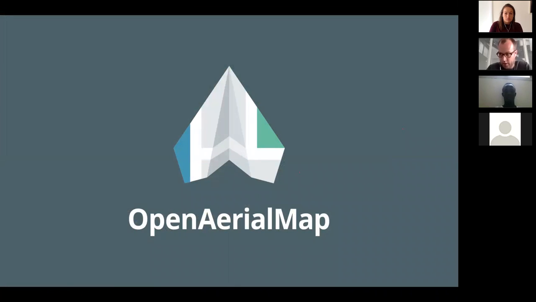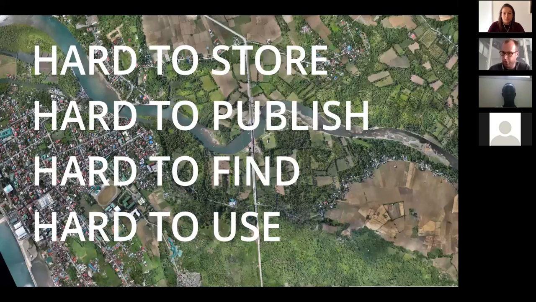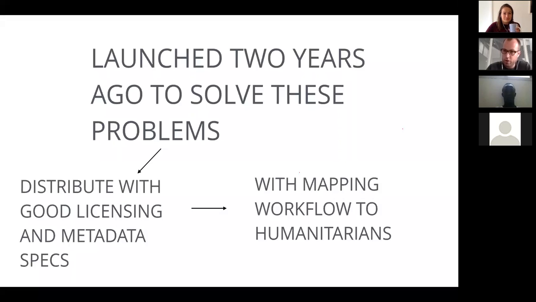So this is where the work of Project OpenAerialMap comes into play, really trying to solve these problems of storing, publishing, finding, and using satellite and aerial imagery. Two years ago, we launched really to solve these problems and to think about distributing with good licensing and metadata specs, so having good infrastructure, but with a focus on mapping, with a mapping workflow for humanitarians.